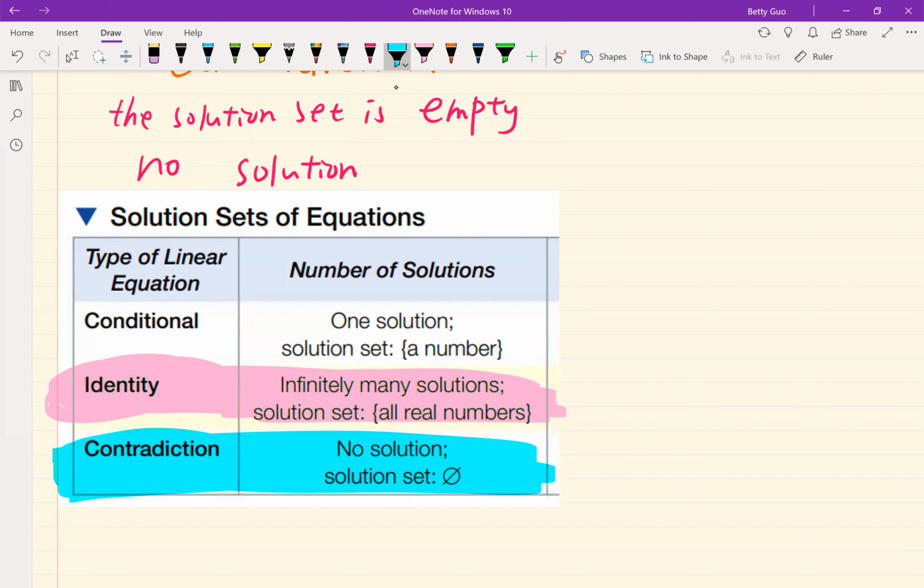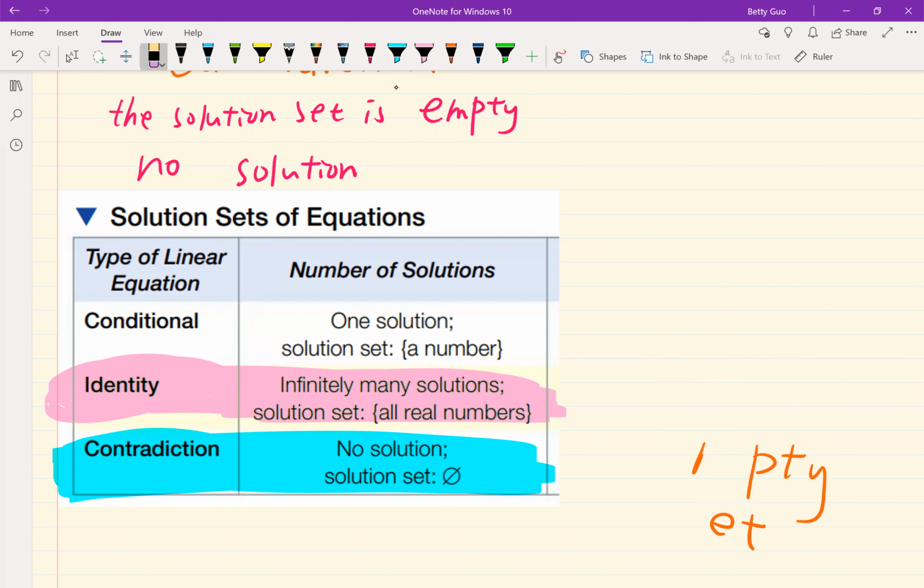No matter what the value of x is, there's no way for the equation to be satisfied. No value of x would satisfy the equation. So that kind of equation is a contradiction. Contradiction has no solution. The solution set is empty. This notation means empty set.